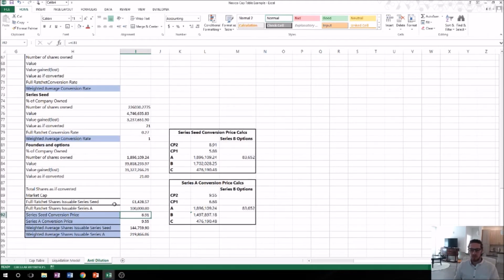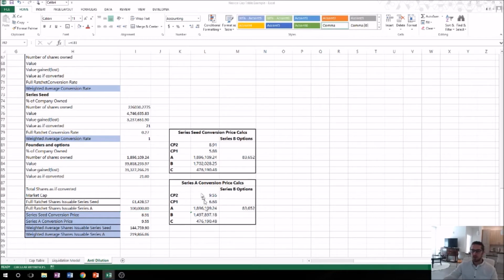So the weighted average share price, or the Series A, Series C conversion price, whichever you want to call it, takes into account the weighted average number of shares that need to be converted. So it gives you a different share price. Whereas full ratchet just does them all, so you can just take the share price in the actual round and not have to calculate a conversion price.